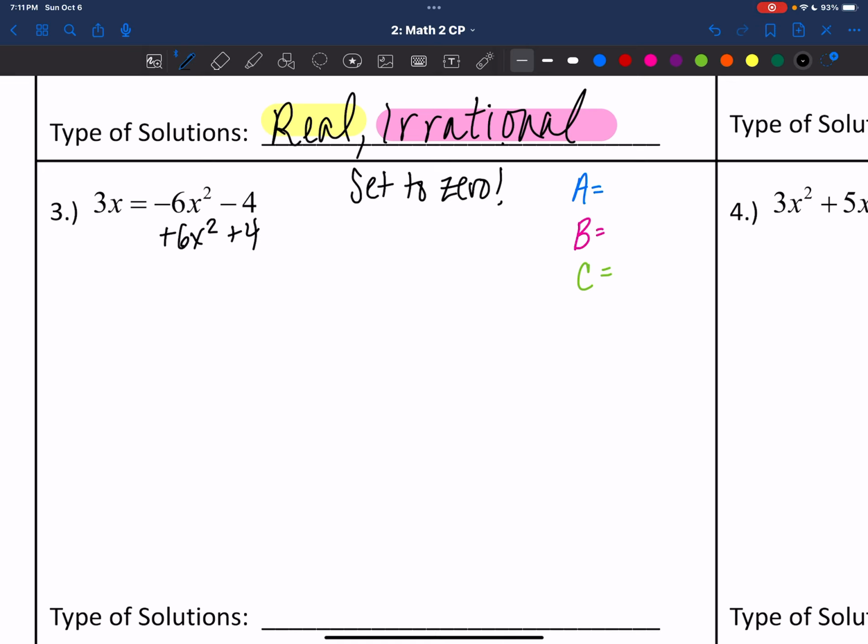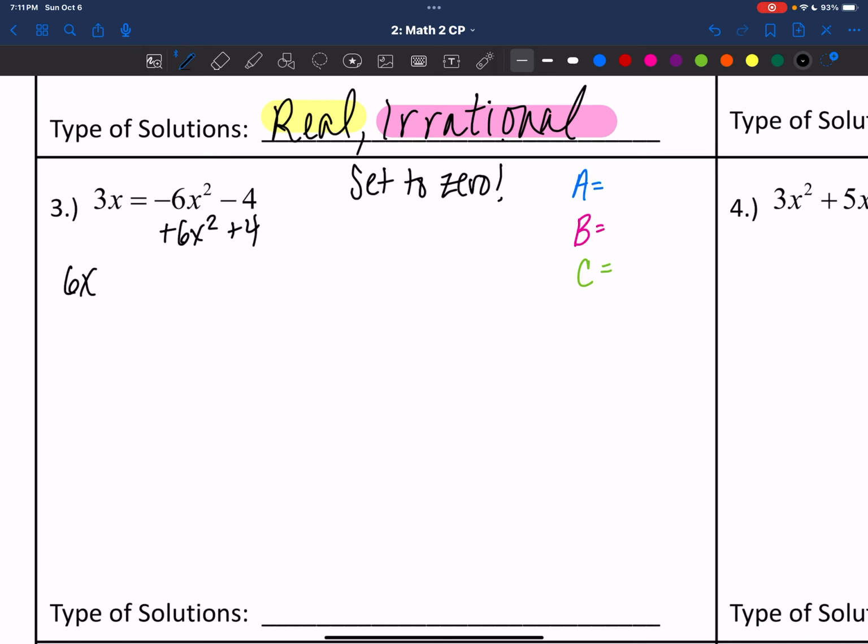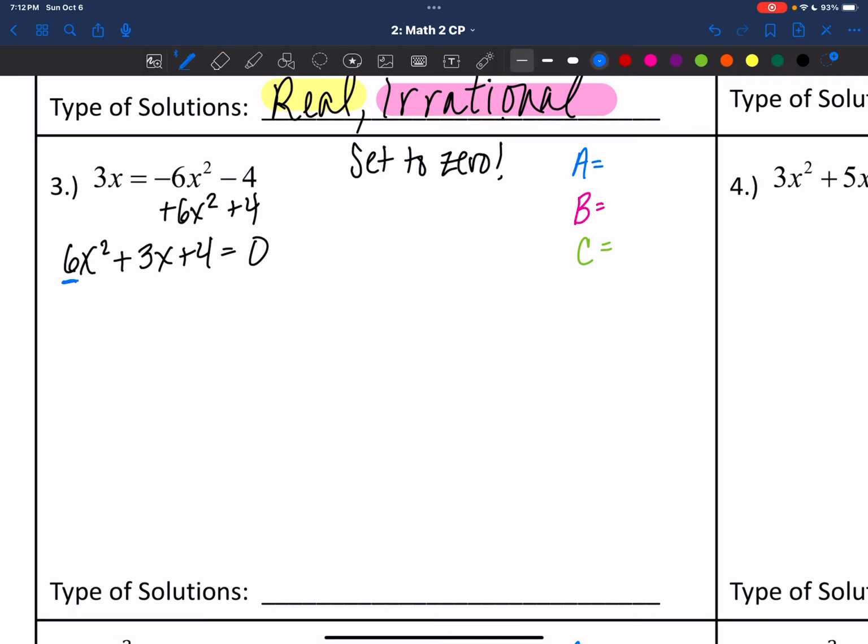You'll end up getting 6x squared plus 3x plus 4 equals 0. Now let's label our parts. A is 6, B is 3, and C is your constant, which is 4.